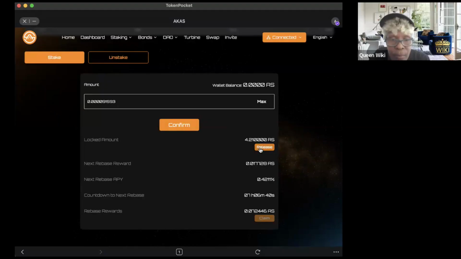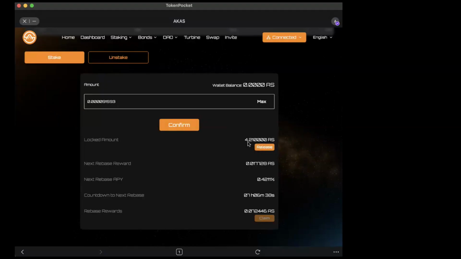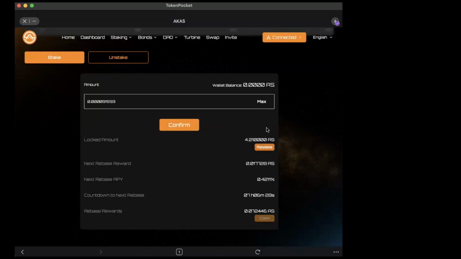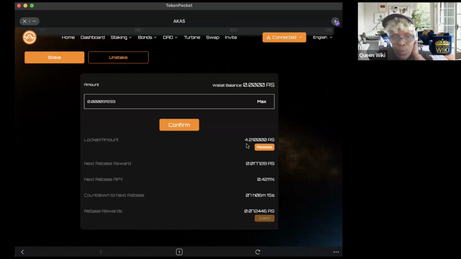Even though I can release now, when we stake, the first 24 hours it cannot be unstaked or released. And if we increase the staking amount, it will refresh the countdown again. Earning in the flexible staking is not for a set time period. You just stake and you can unstake or release when you want to after the 12 hours.